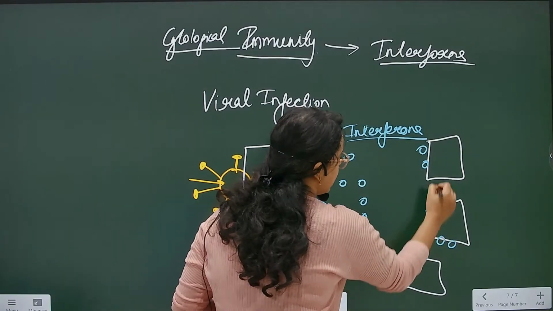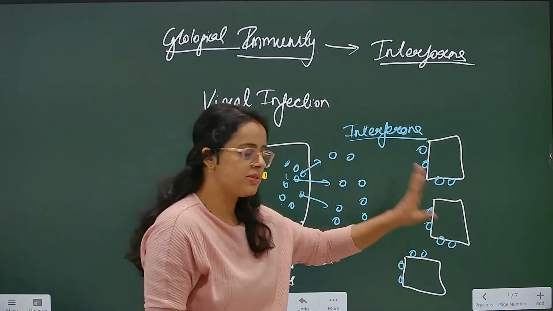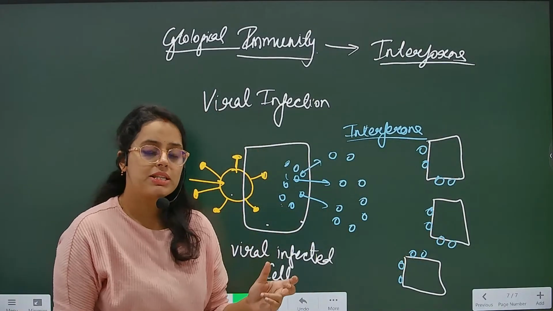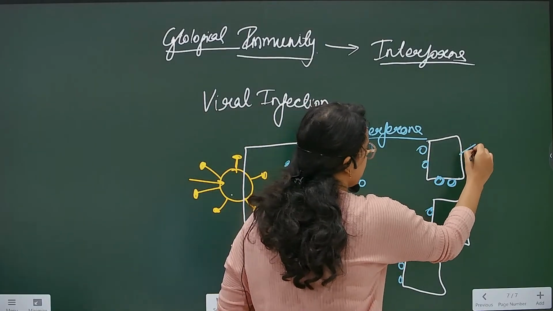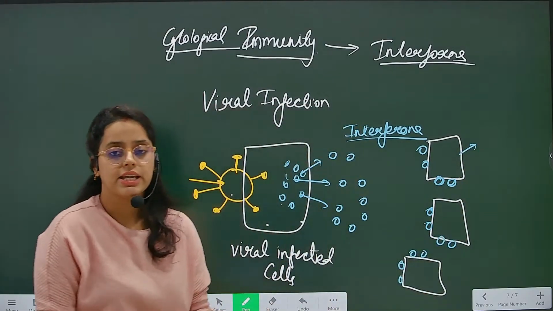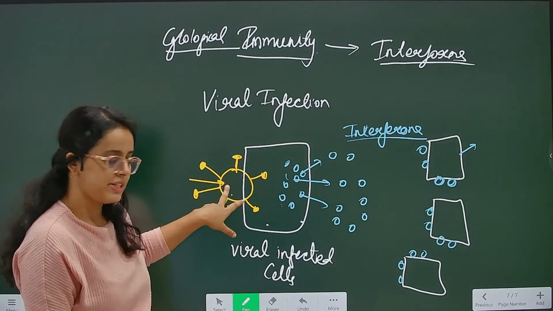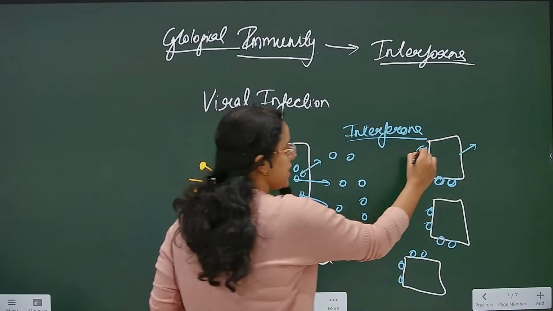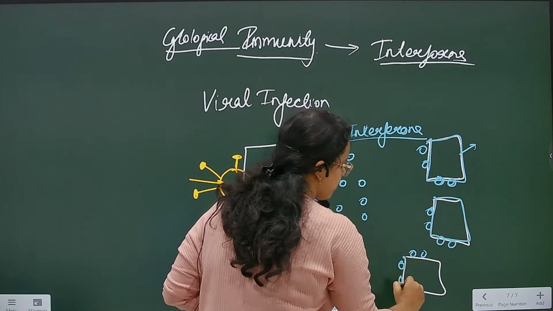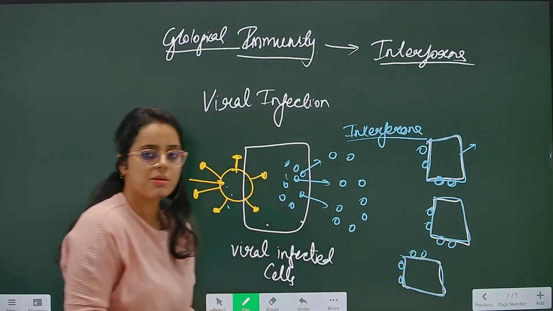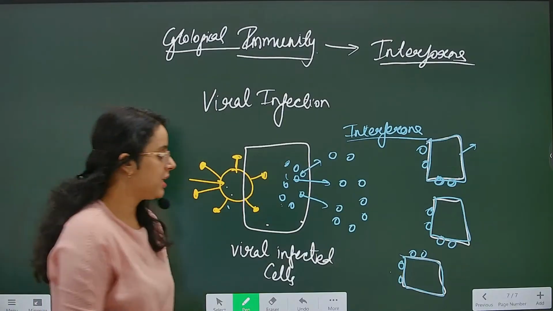As a result, what happens? Two changes happen in the normal cells. The normal cells will secrete certain substances that kill the virus, or they change structural configuration. They change the structure of the plasma membrane so that the virus is not able to attack them. They become antiviral.